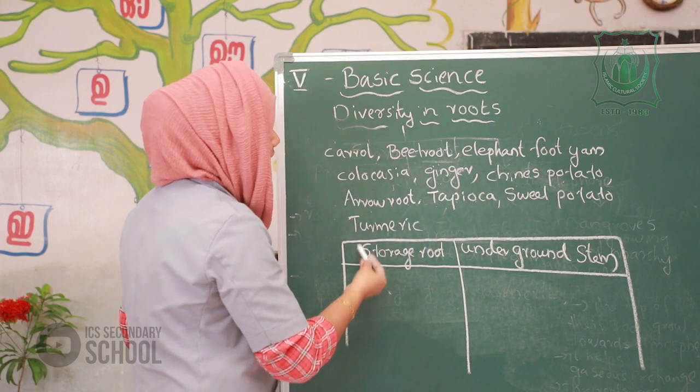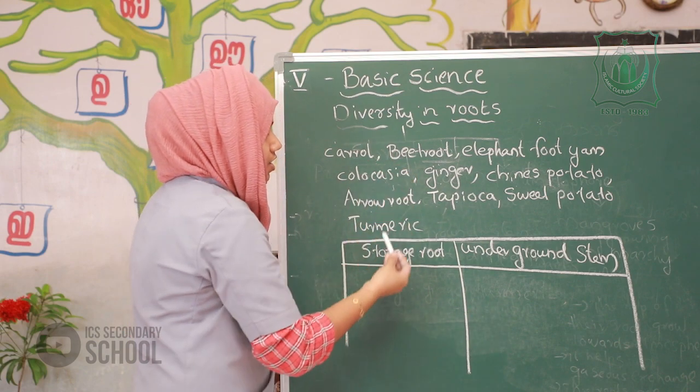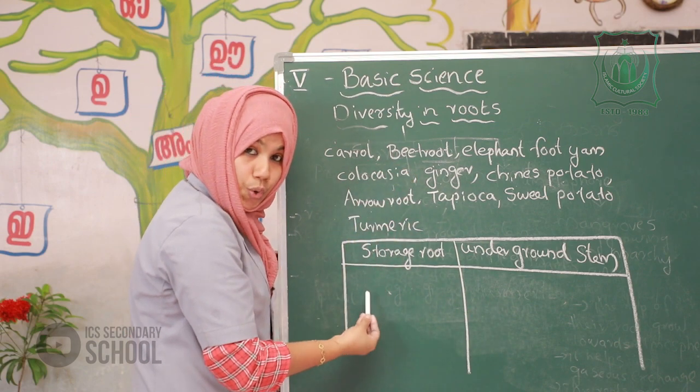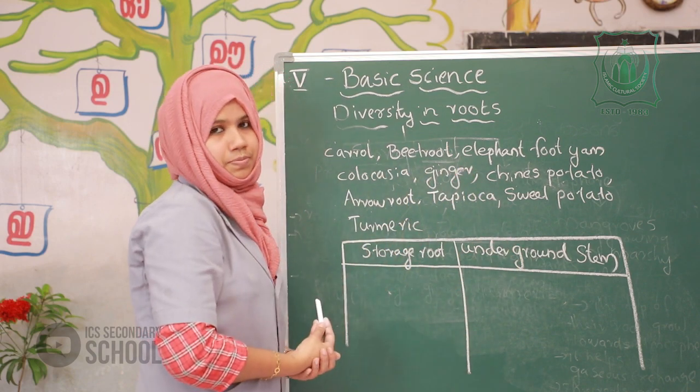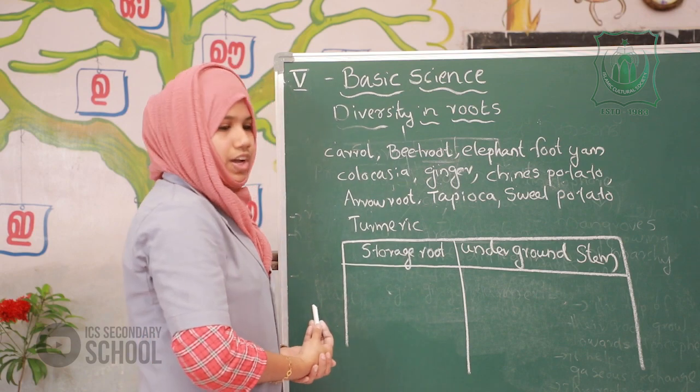You have to write these in two groups. Which are the ones that come under storage root and which are the ones that come under underground stem. Write in your notebook. Okay.